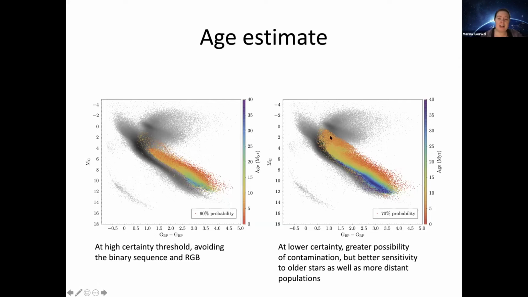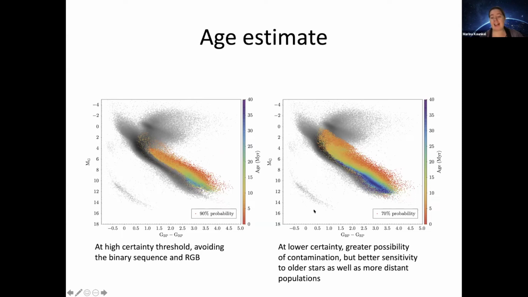And here you can see how different thresholds in our confidence level change the types of the population that we select. At a high threshold of over 90%, we have a rather clean catalog that very carefully avoids both the main sequence and the binary sequence, as well as the red giant branch.